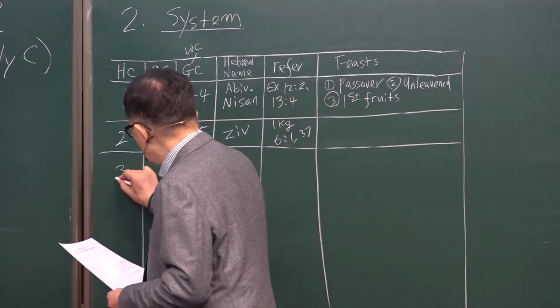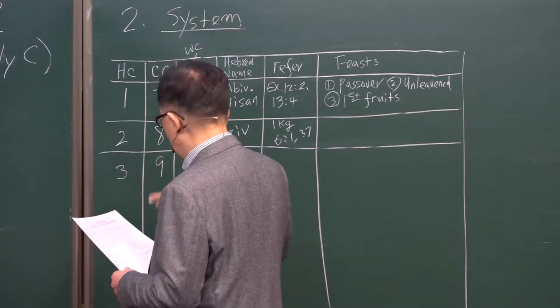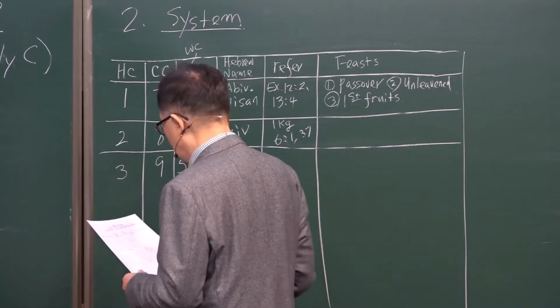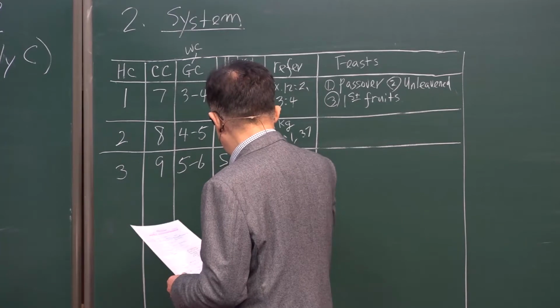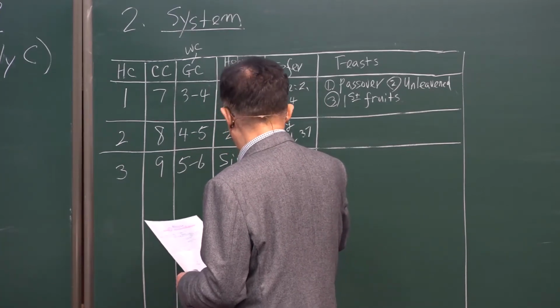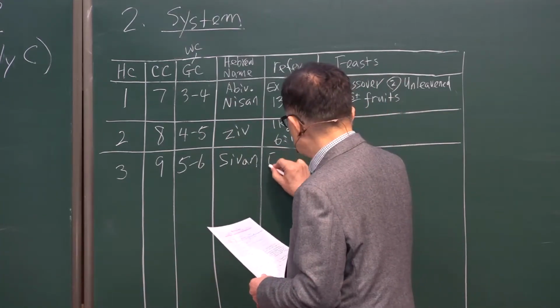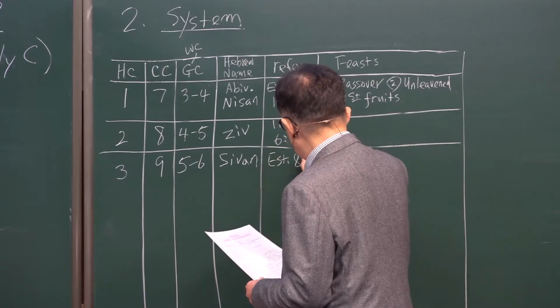And third, it's the 9th month. In our calendar, May and June, we call it Sivan. This is another well-known name, Sivan. Then Esther 8:9.